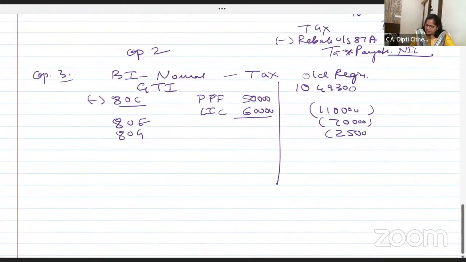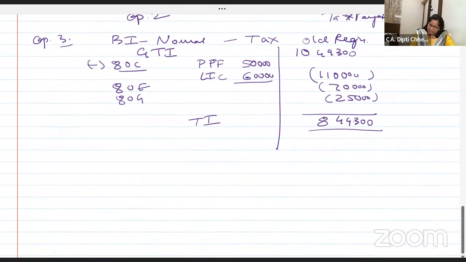You're paying tax as per the old regime. So 10,49,300 minus 1,10,000 minus 70,000 minus 25,000. 8,44,300. This is what is your total income. Already it is coming rounded off.